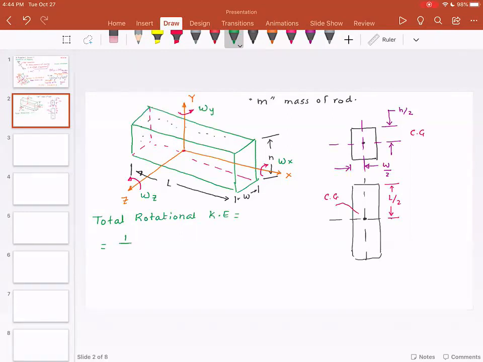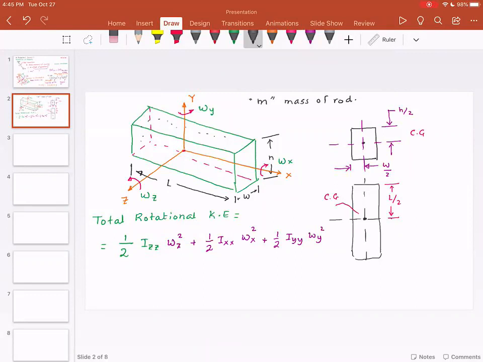I'm going to write this down: 1/2 IZZ, the mass moment of inertia about Z, multiplied by omega Z squared, plus 1/2 IXX multiplied by the angular velocity squared about X, plus 1/2 IYY omega Y squared. Now the question is, what is IXX, what is IYY, and what is IZZ?